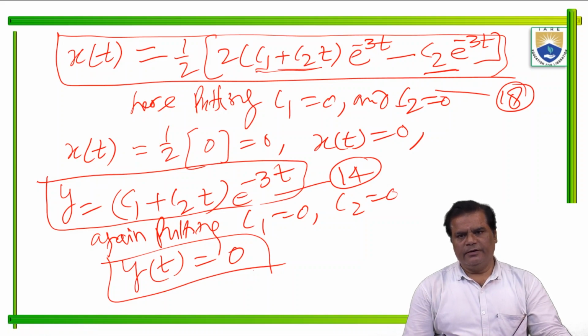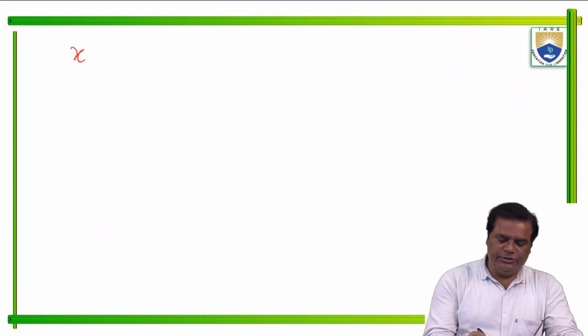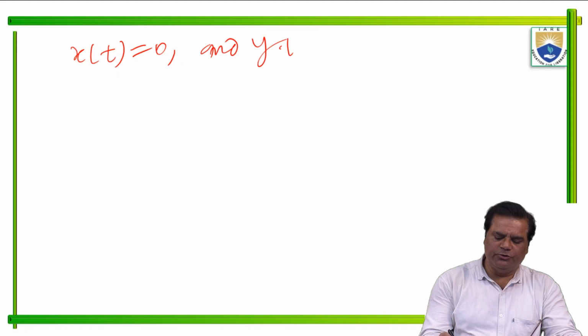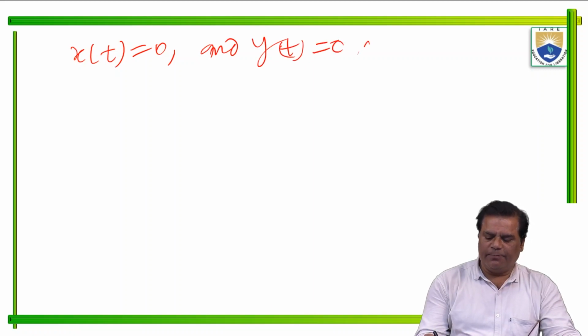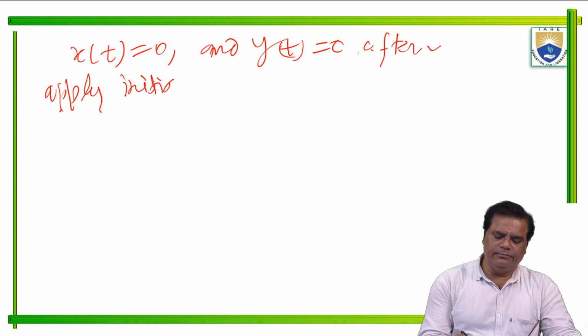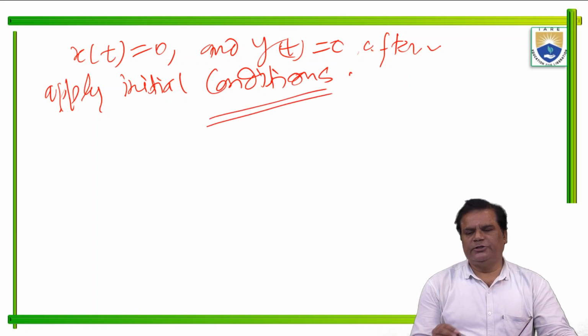So this is the final solution: x(t) is 0 and y(t) is 0 after applying the initial conditions. This is the complete solution.